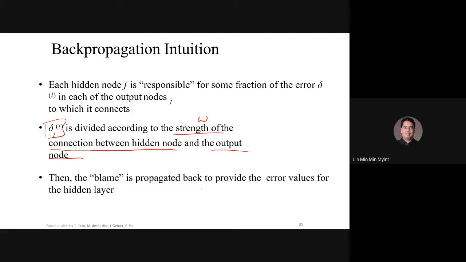Then the blame is propagated back to the error value for all hidden layers one by one. That we call backward propagation.